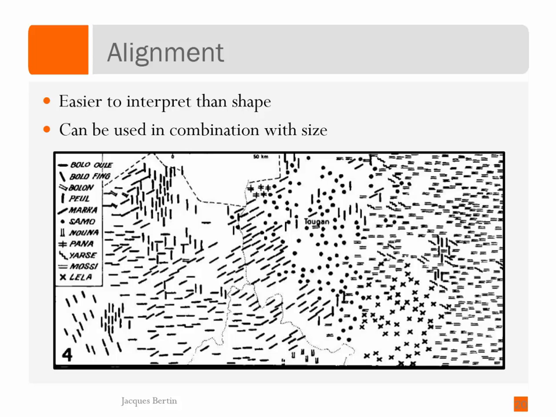With this encoding of alignment, we can see in this image the geographic location of different tribes. For example, the Bolo Oele, that's all our left or right dashes. And we can see where members of those tribes might have lived.